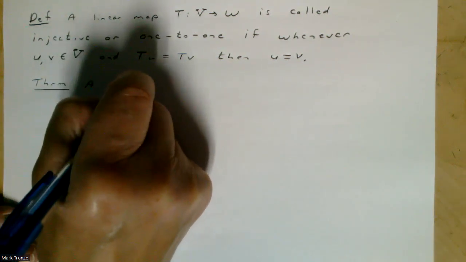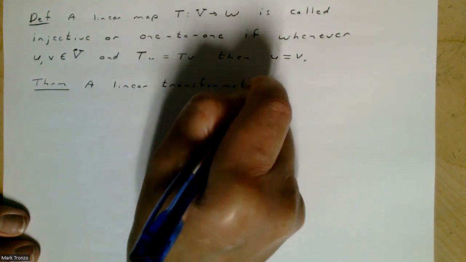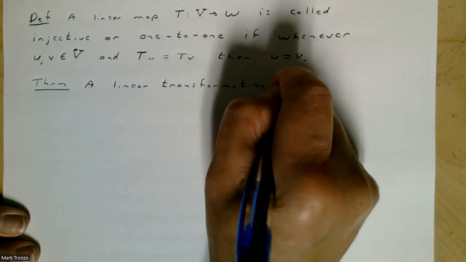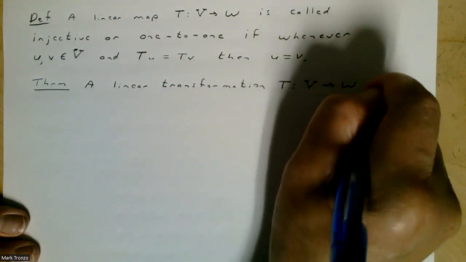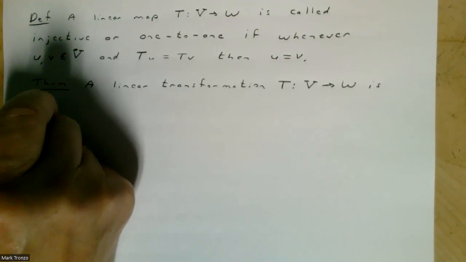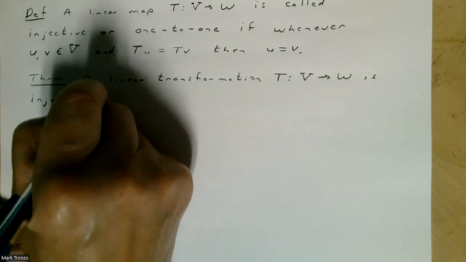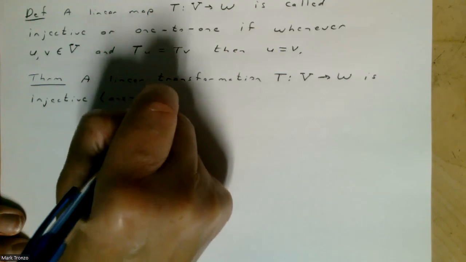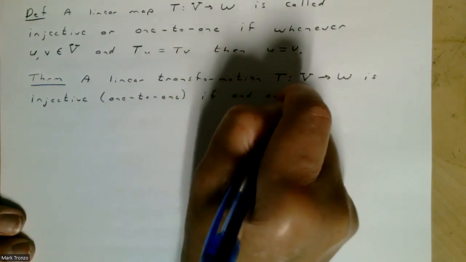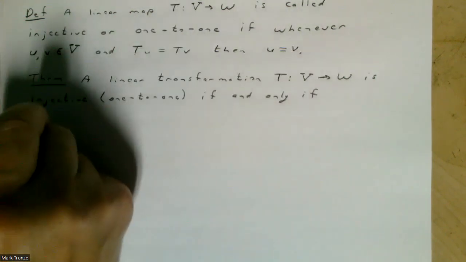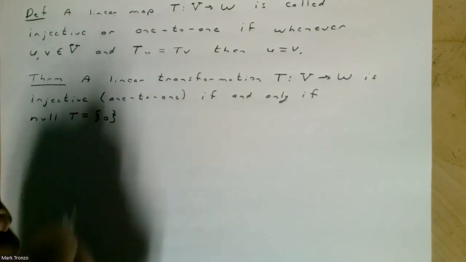A linear transformation, say T from V to W, is injective, one-to-one, if and only if the null space of T is equal to 0.